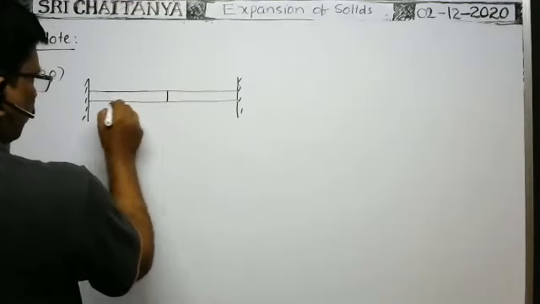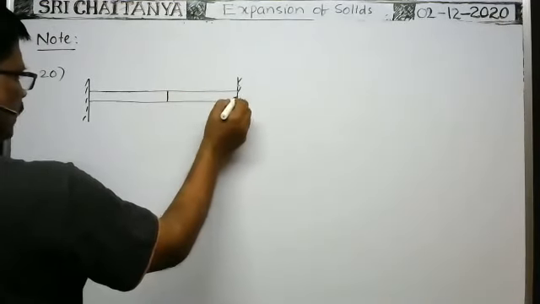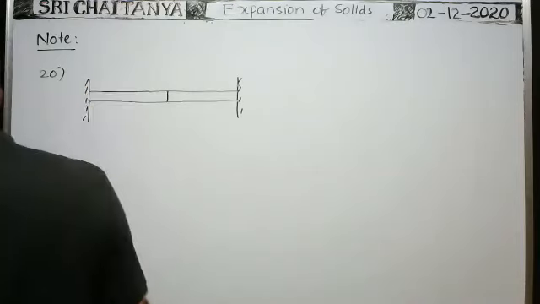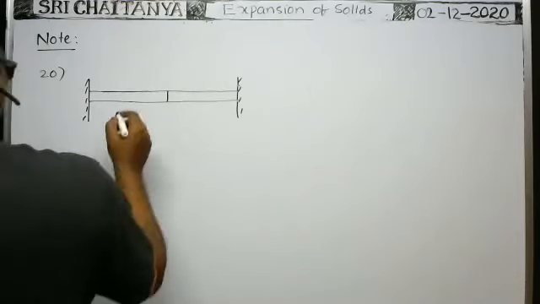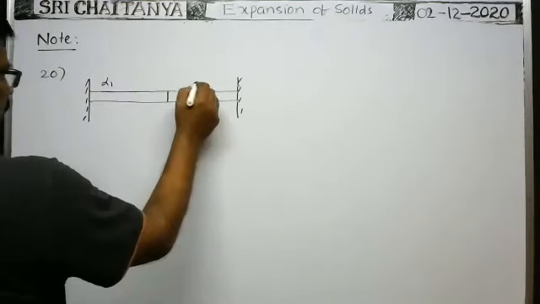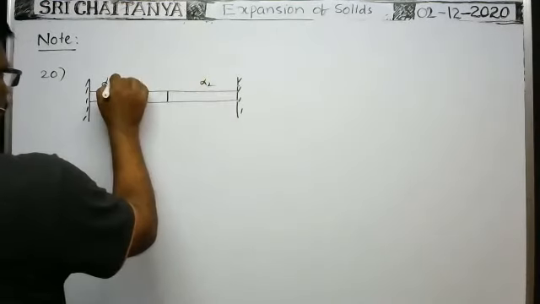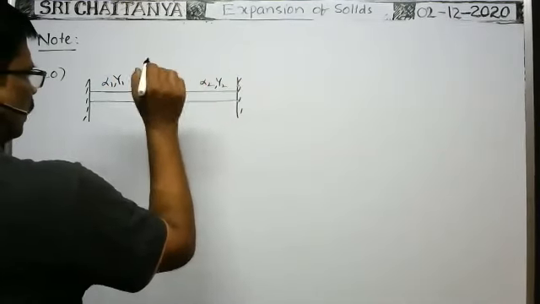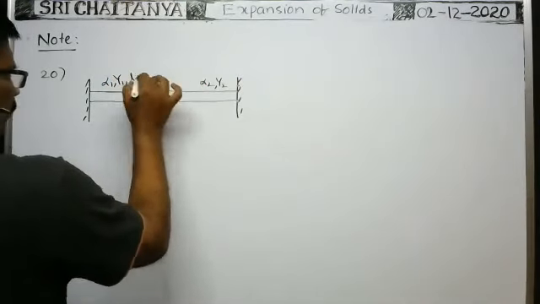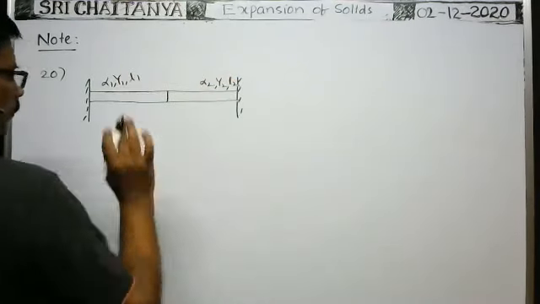Up to here it is one metal rod, and from here it is another metal rod. The coefficient of linear expansion of this metal rod is alpha 1, and for this it is alpha 2. Young's modulus of this metal rod is Y1, and here Y2. The initial length of this metal rod is L1, and here the initial length is L2.